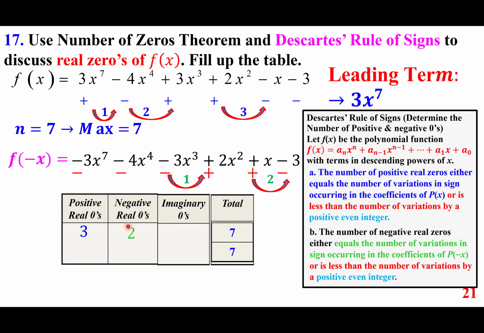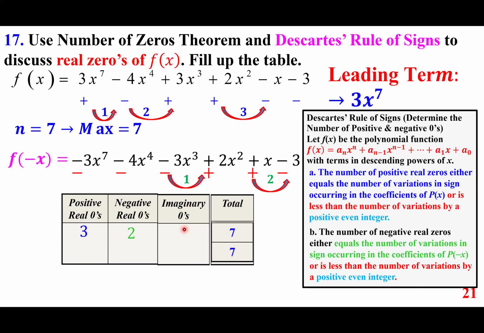Okay? But remember, what is n? 7. What is the maximum number of zeros? 7. What is the total number of zeros? 7. And by the way, if there is a multiplicity, it counts. So if I have 3 zeros that are positive, 2 zeros that are negative, the rest of it must be imaginary. 3 plus 2, 5.